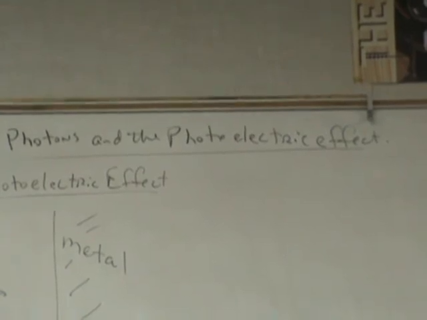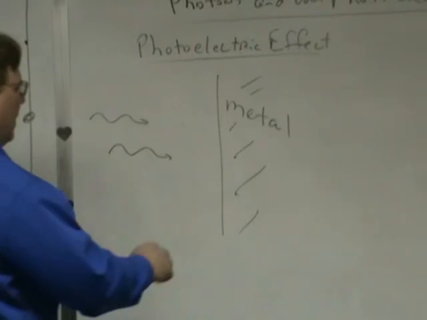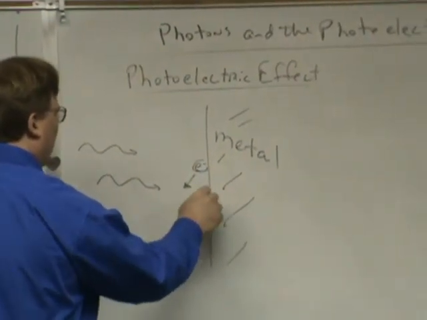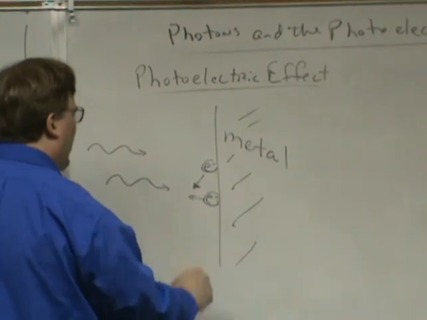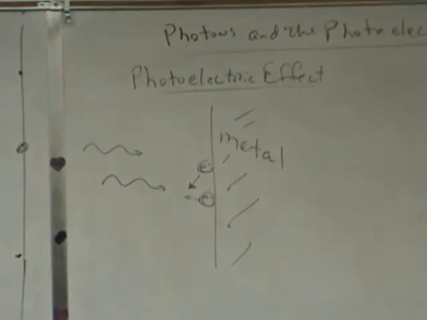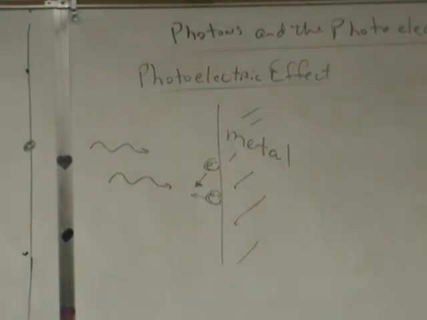Okay? When light hits the metal surface, electrons get dislodged. People experienced it, but nobody could really explain it. Nobody could describe it.